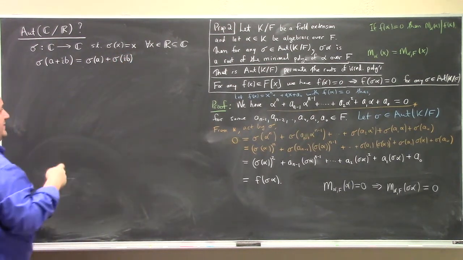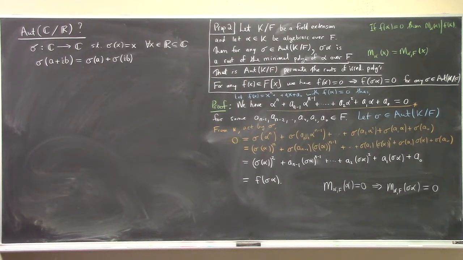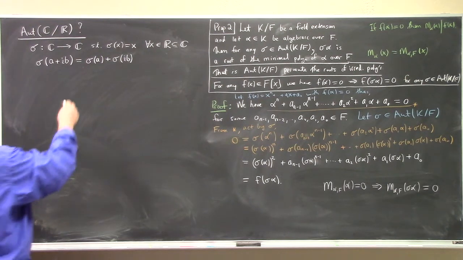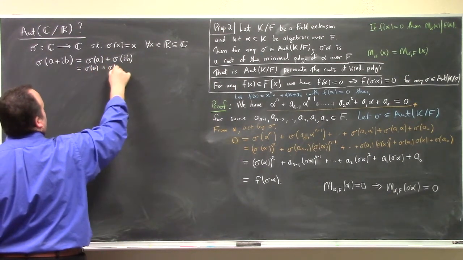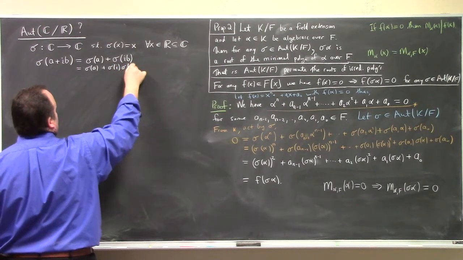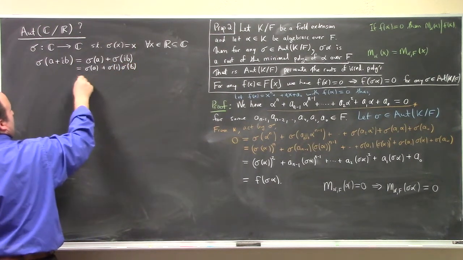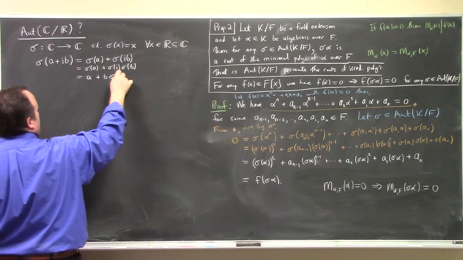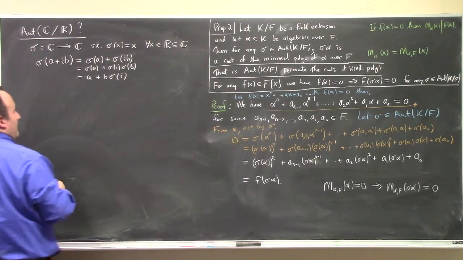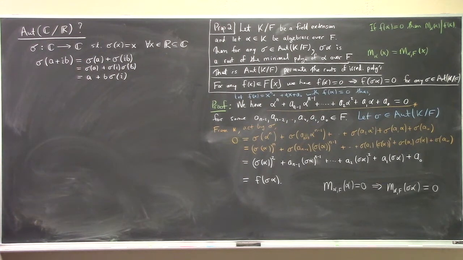Of course, you can also say this is sigma of a plus sigma of i, sigma of b, right? But it's R fixing, right? So that has to be a plus b sigma of i.